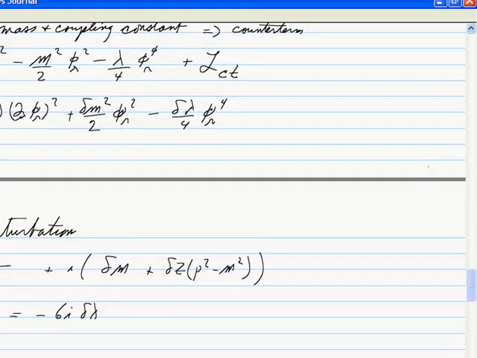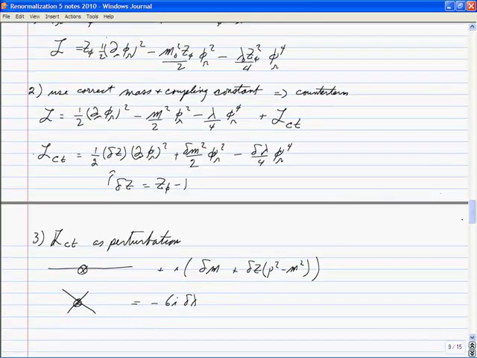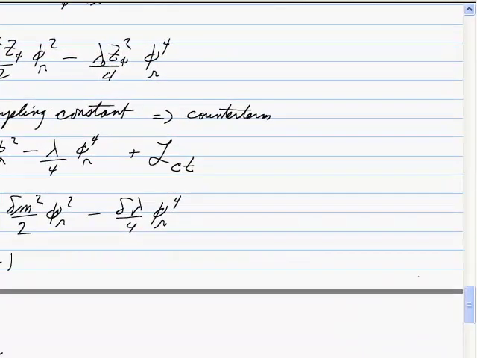Yes? Why didn't we drop the Z_φ from the first line to the second? Well, I didn't. So here, δZ is equal to Z_φ minus 1. Okay? So I should say that. If you go back and look up here, there's a Z_φ.